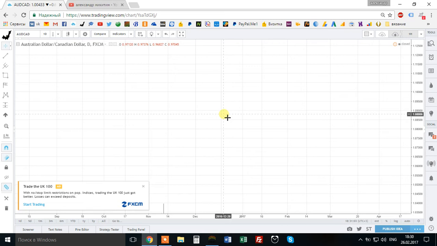Okay, why do you need to know those basics? Why do you need to keep only one method of drawing swings and always follow it? Because if you don't have any swing identification technique at all, you only rely on your eyes and you say, okay, it seems to me we have an impulse here, it seems to me we have a correction here, it seems to me that the pullback started, and so on.